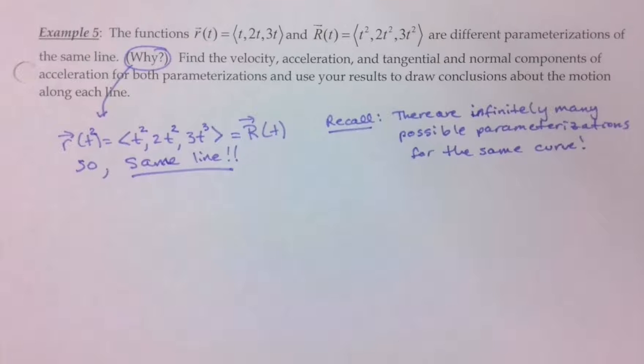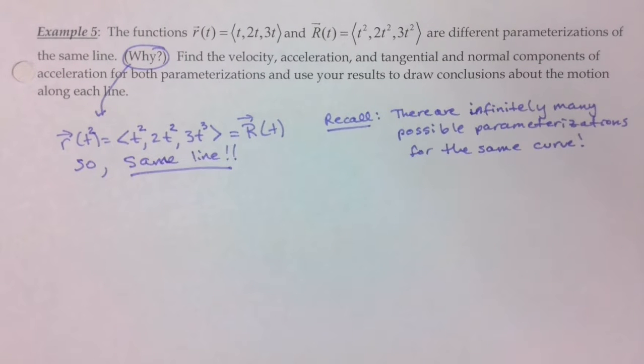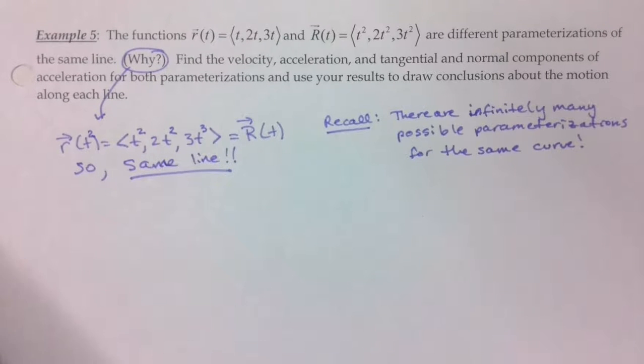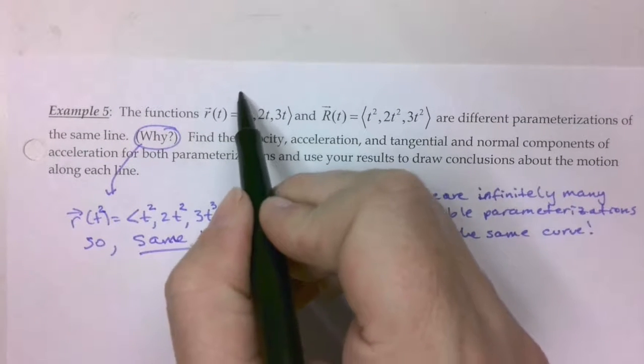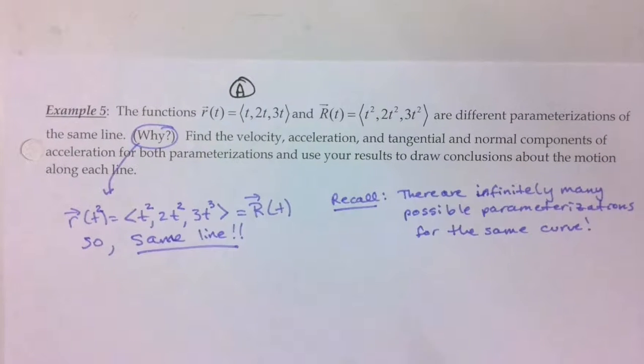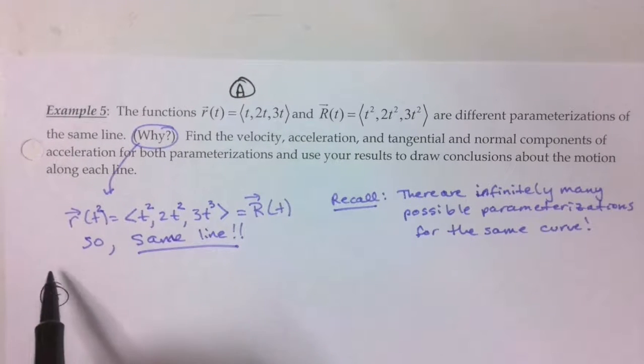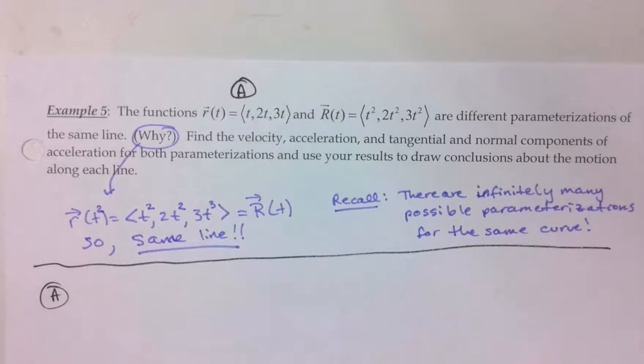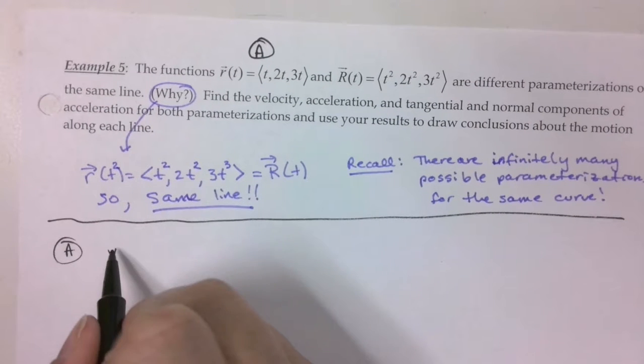Now let's find the velocity, acceleration, and tangential and normal components of acceleration for both parameterizations. All right, so let's look at A for a second. I'm just going to label this A just to make my life easier. Okay, so for A, so we kind of took care of the Y right there. So for A, I want the velocity function.